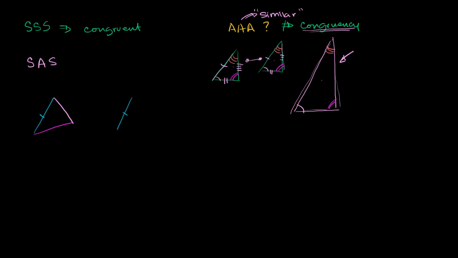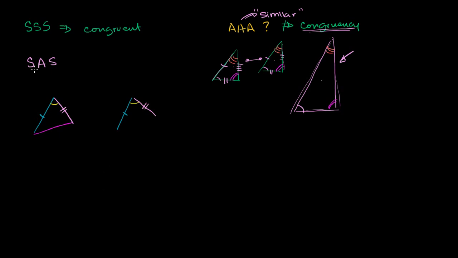It has a congruent angle right after that. So this angle and the next angle for this triangle are going to have the same measure, or they're going to be congruent. And then the next side is going to have the same length as this one over here. So it's going to be the same length.